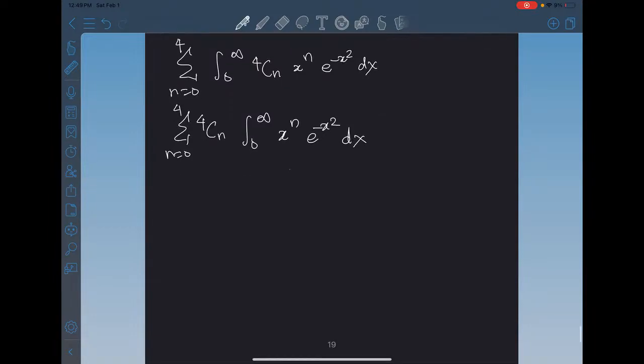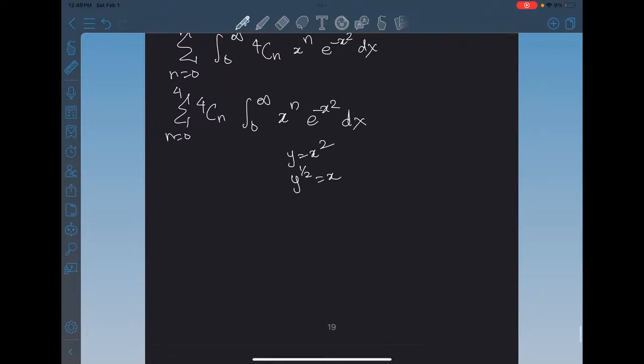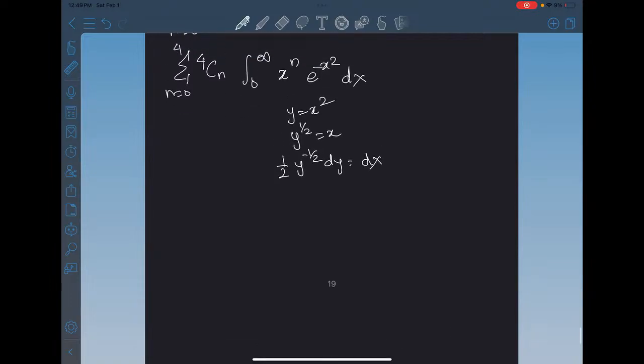If I make a substitution that y equals x square, I will have y to the power half equals x, and then half y to the power minus half dy equals dx. So I will have sum from n equals 0 to 4, 4Cn integral from 0 to infinity, y to the power n by 2, e to the power minus y, and dx becomes half y to the power minus half dy, right?